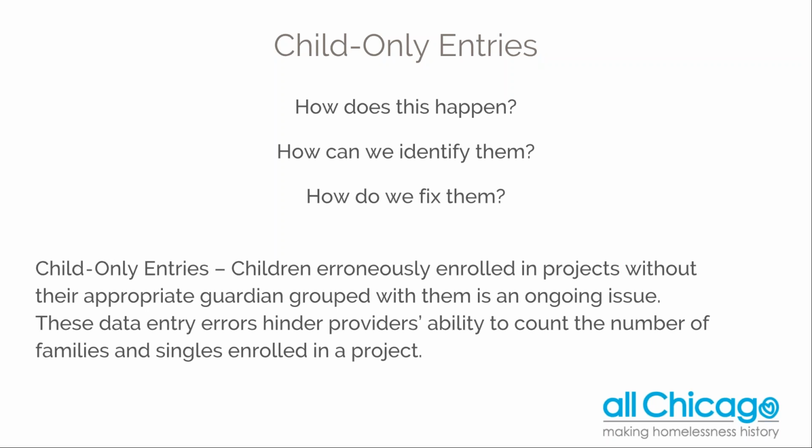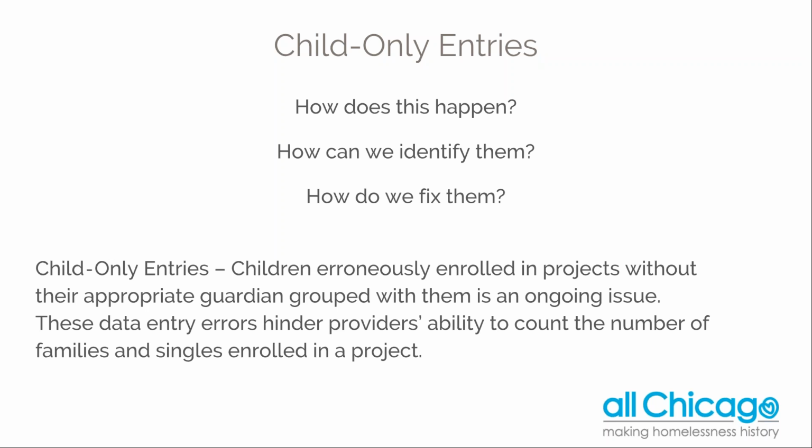These data entry errors hinder providers' abilities to count the number of families and singles enrolled in a project. What happens is that when you check a client in, maybe you have the head of household's name checked off, but not the rest of the children. When you realize the mistake you made, you may want to fix it by enrolling the children separately, not knowing that you can connect them on the same enrollment.